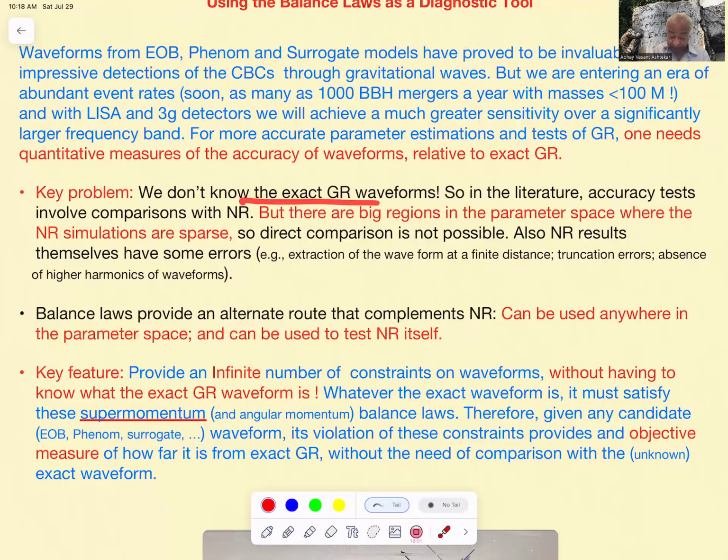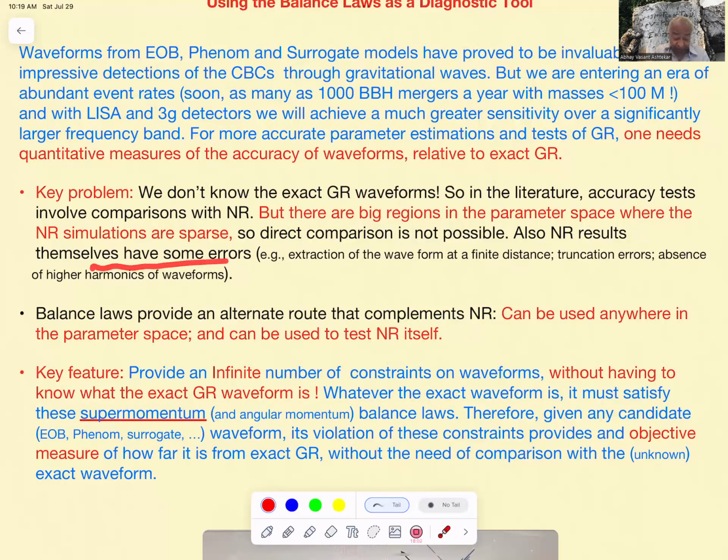But we don't know the exact GR waveform, and therefore in the literature, accuracy tests involve comparing the waveforms with numerical relativity. But there are big regions in the parameter space where the numerical simulations are sparse or almost absent, and so direct comparison is not possible.